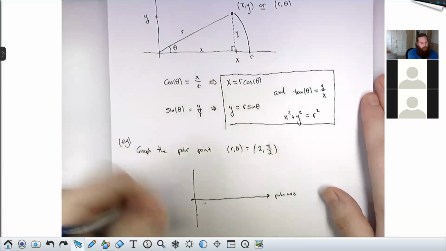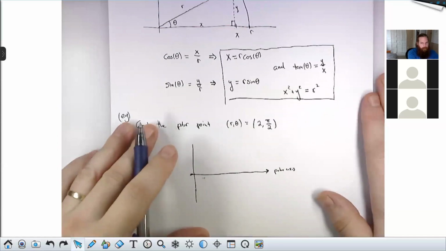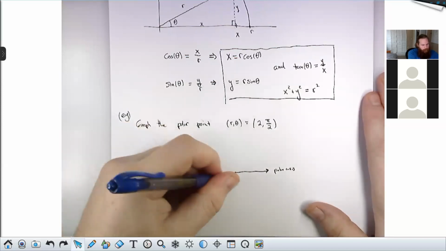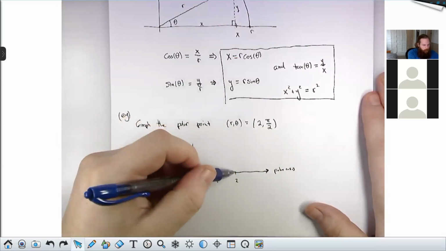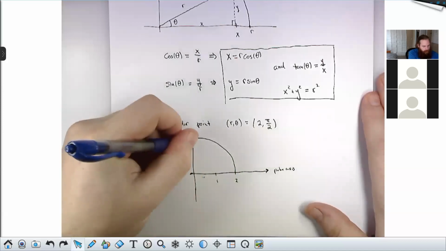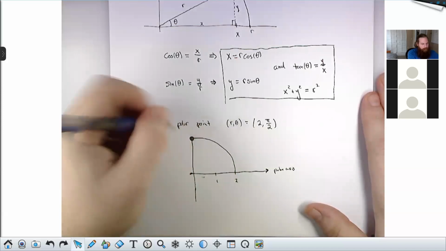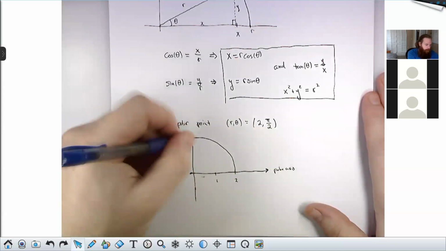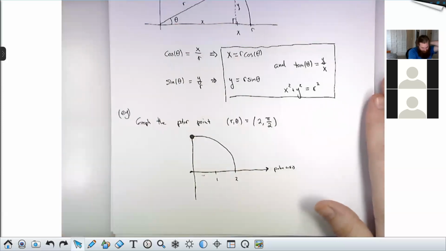And I like to draw the vertical axis also, but some people don't. Here's how you do this. You go out 1, 2 along your polar axis, and then you rotate by pi over 2. And that gets me right here. So you don't need to draw this arc or anything.